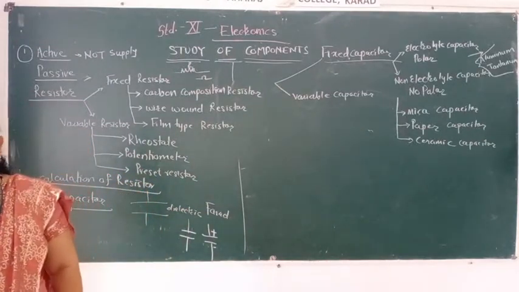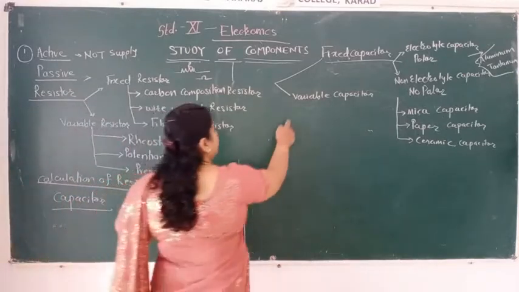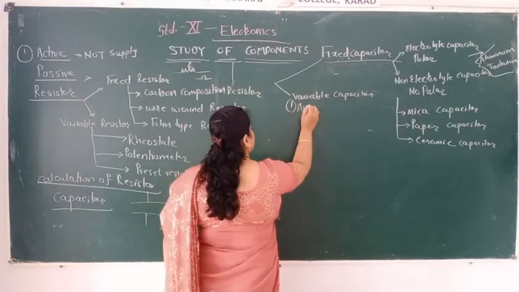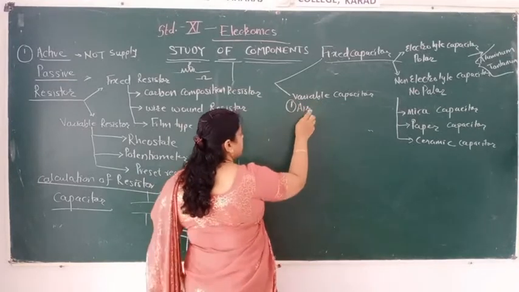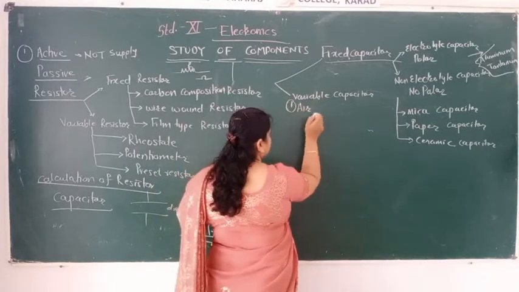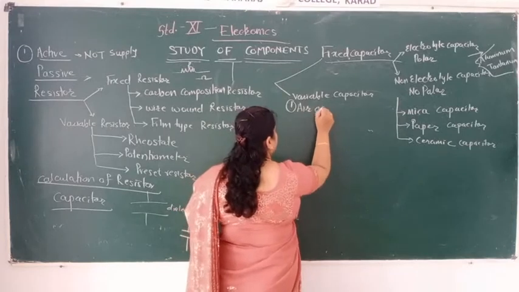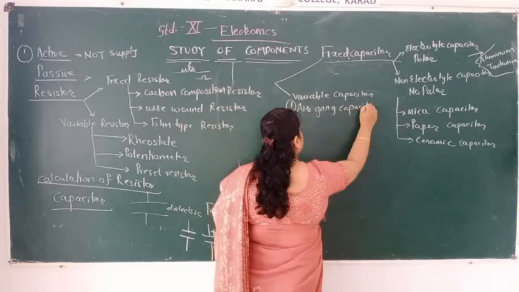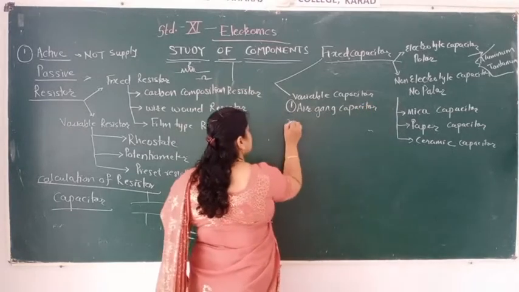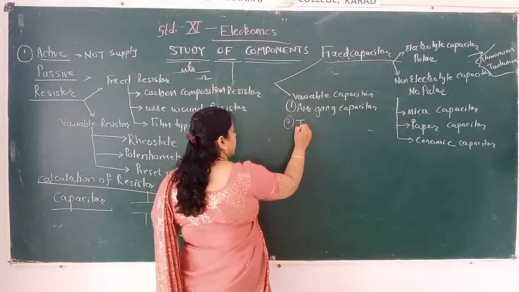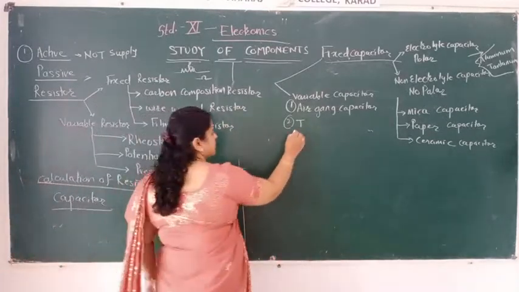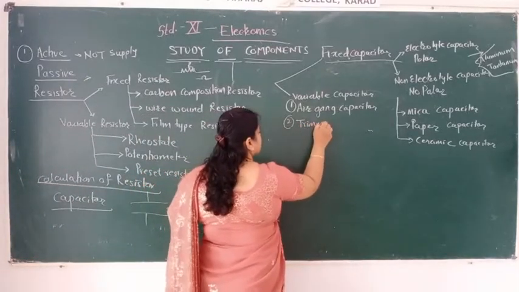And what about the variable capacitor? If the value of the capacitor is not constant, it is called a variable capacitor. The first type of variable capacitor is the air gap capacitor, where air is used as the dielectric material, and the second type is the trimmer.